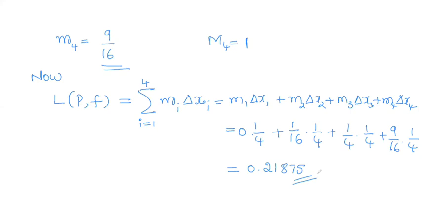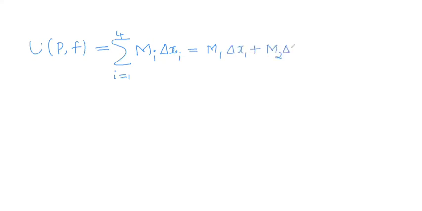Now we shall calculate the upper Riemann sum. It is the summation of capital Mi into delta xi, with i running from 1 to 4, as there are only 4 subintervals. So it is capital M1 into delta x1 plus capital M2 into delta x2 plus capital M3 into delta x3 plus capital M4 into delta x4. Now just substitute the values.